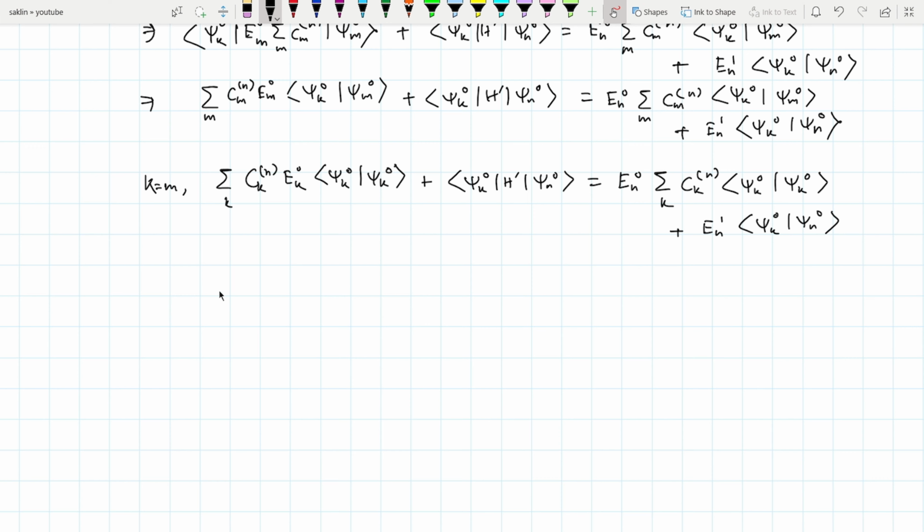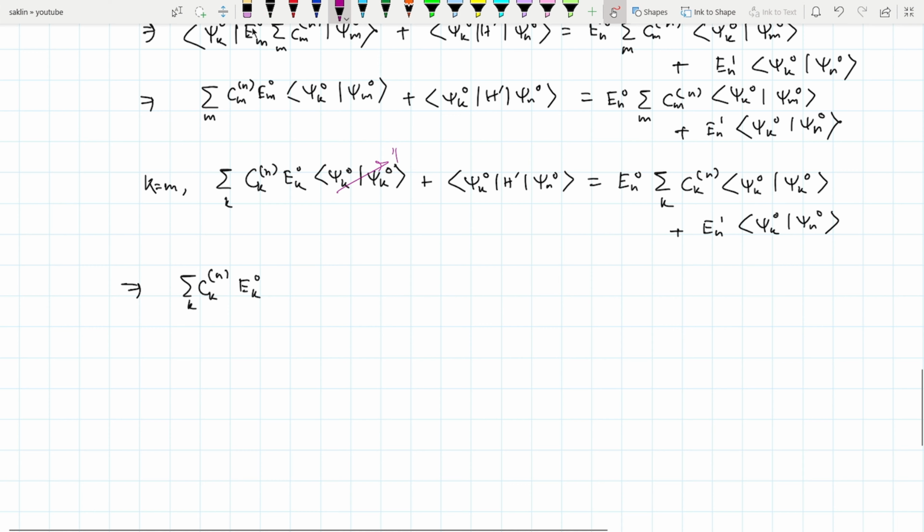By this we can say that Ckn Ek0 will be delta k n, and okay, I will do it directly, then it will become 1.